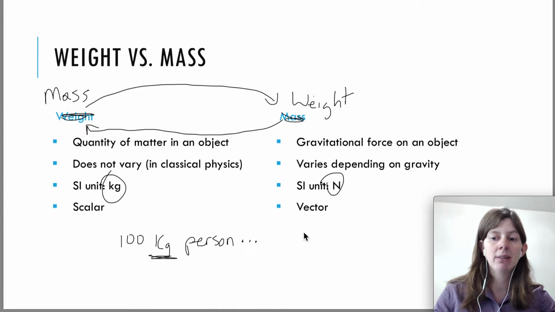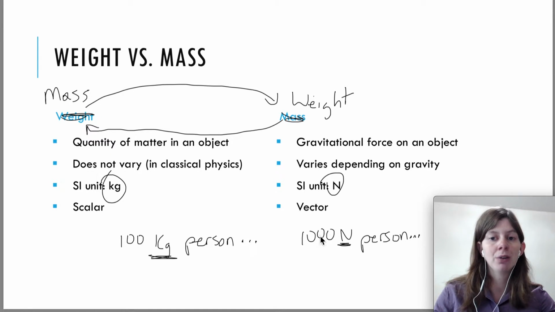But if the problem says there's a 1,000 Newton person doing so-and-so, then that Newton implies that it's already giving you the weight of the person. This is very important, because sometimes you're given the mass and you still need to convert it to weight. If you're already given the weight, you don't want to do any more conversions most of the time. So hopefully this helps show you the difference between mass and weight.